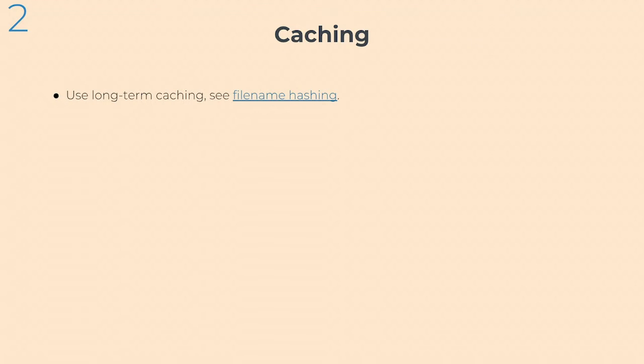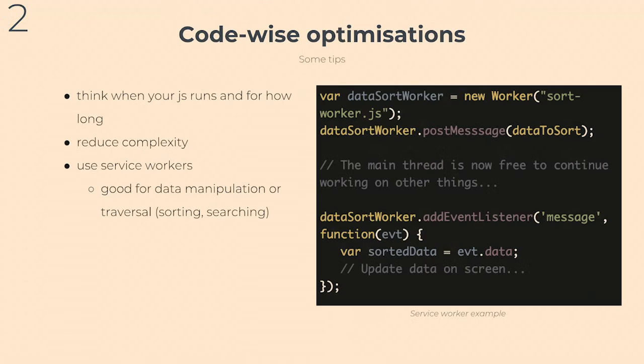All right, let's look at some code-wise optimizations that we can do. We really need to think about when our code runs and for how long it runs. We need to reduce the complexity of our code. In many cases, you can, for example, move pure computational work to web workers, if it doesn't require DOM access or things like that.